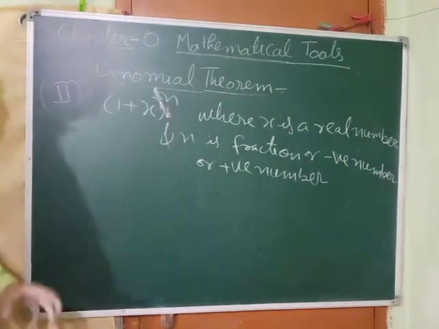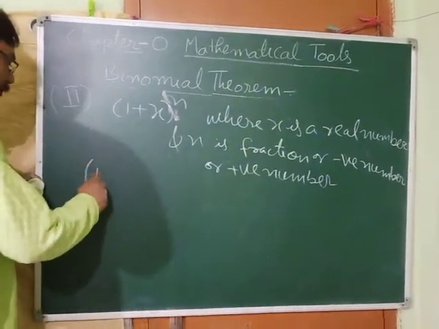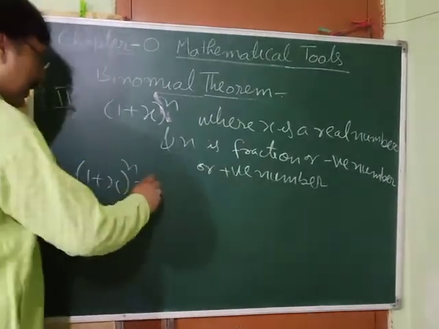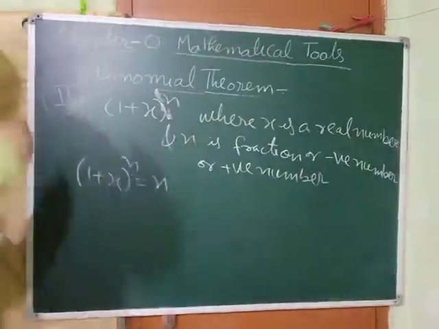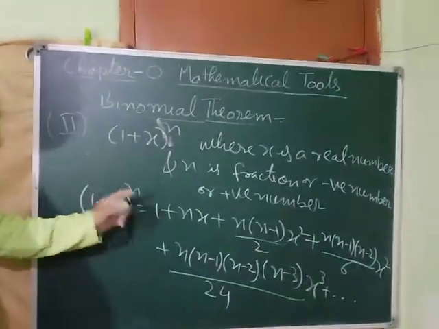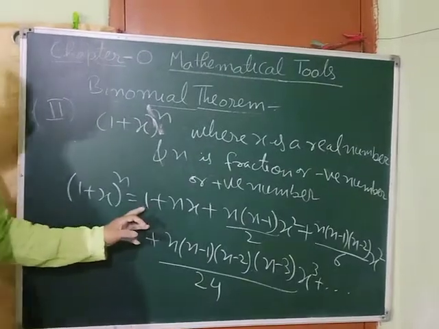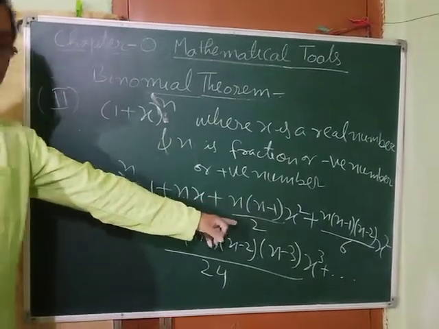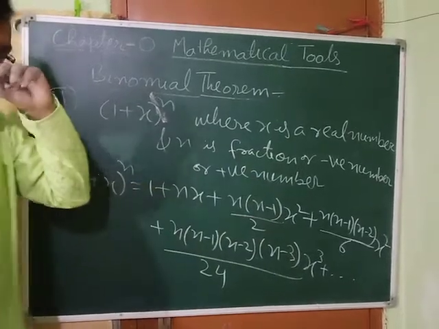How is it written? (1 + x)^n equals 1 + nx + n(n-1) x^2 / factorial 2, where factorial 2 is 2.